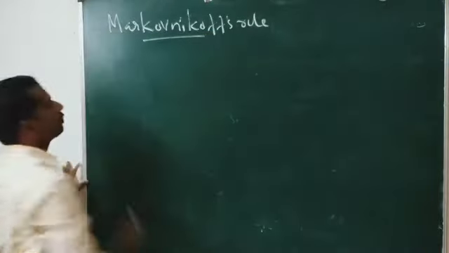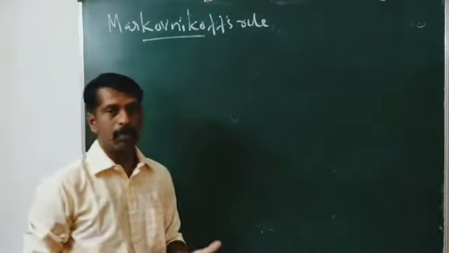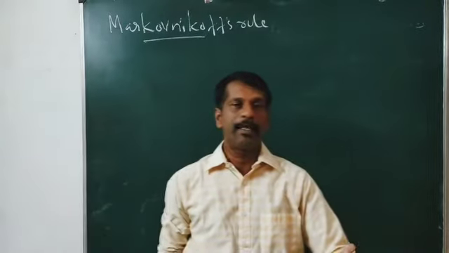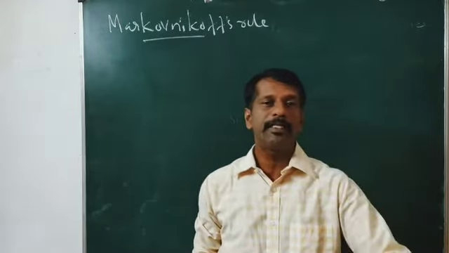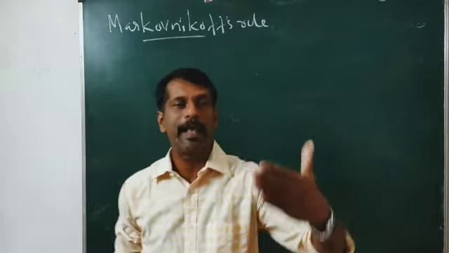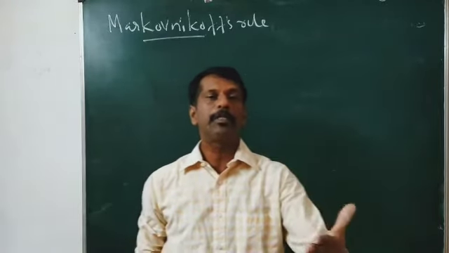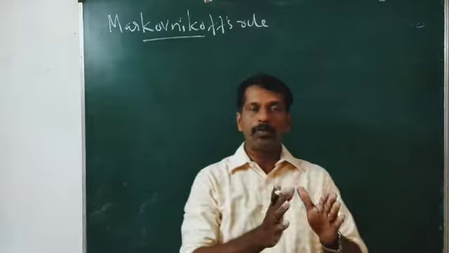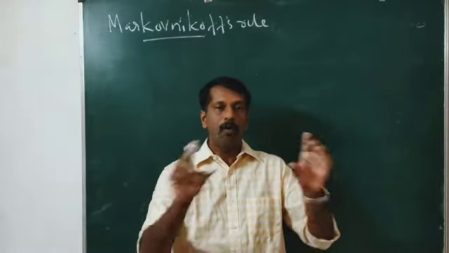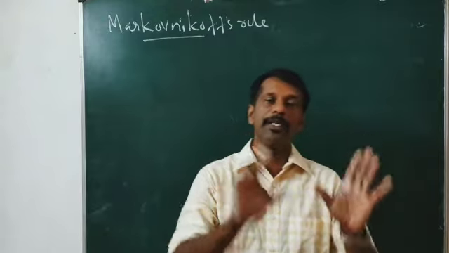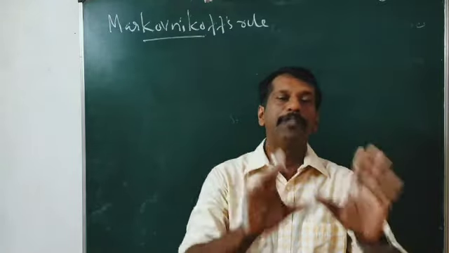What do you mean by Markovnikov's rule? When an unsymmetrical reagent is added to an unsymmetrical alkene, the positive part of the reagent will go to that double bonded carbon which already has the highest number of hydrogen atoms.